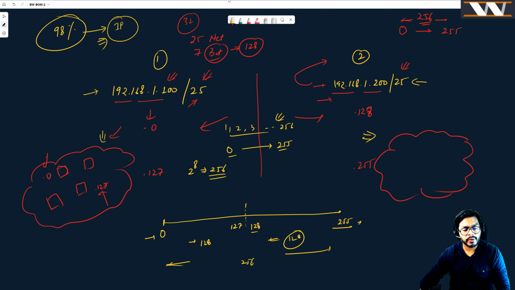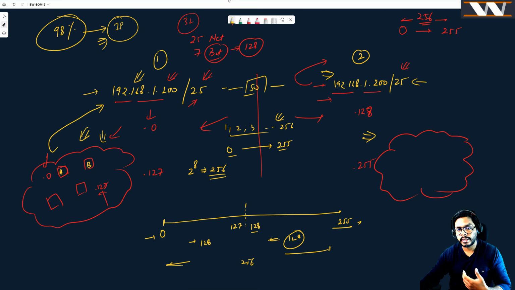If we are talking about communication inside the same network, suppose this is host A and this is host B, which are part of the same network, then I do not need routers at all. I do not need routing at all, right? So if your perception is that this IP address and this IP address belong to the same network, you are straight away going to say that they can talk via a switch because they are part of the same network, right? Which is not the case.